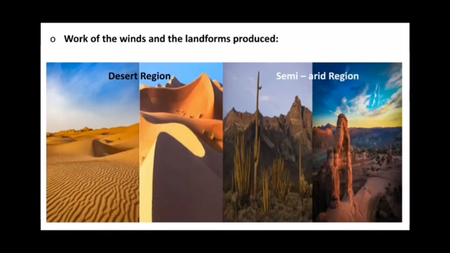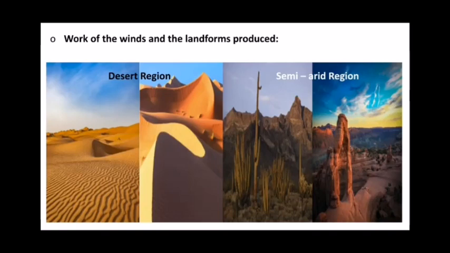So large scale landforms like powdered rocks and sand spread over a large area. There is hardly any barrier or obstacle in the transportational work of the wind, because these kinds of places are open spaces, so there is nothing to stop the wind.